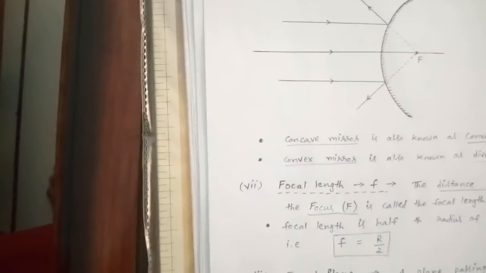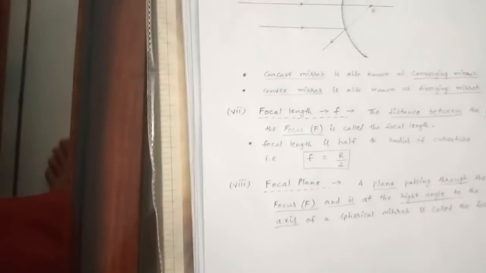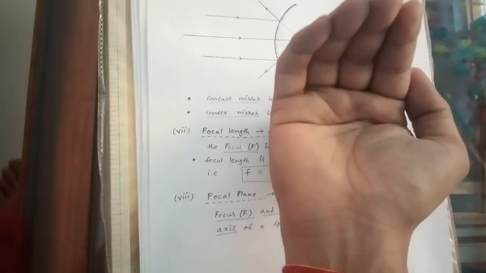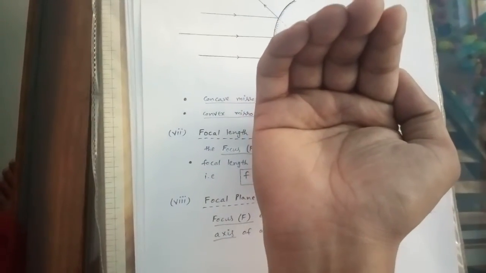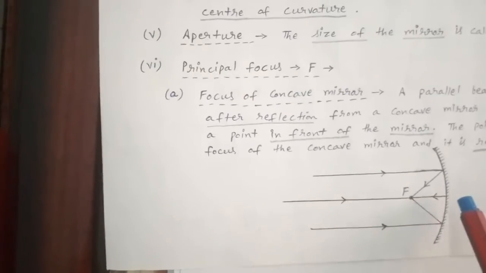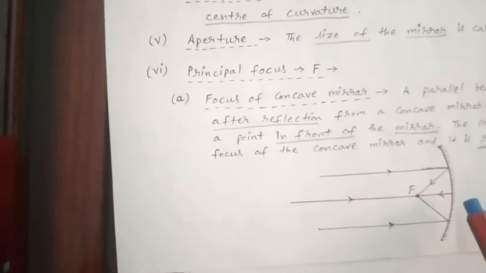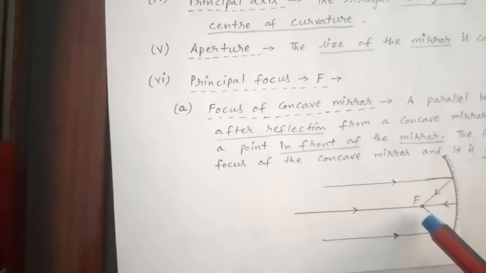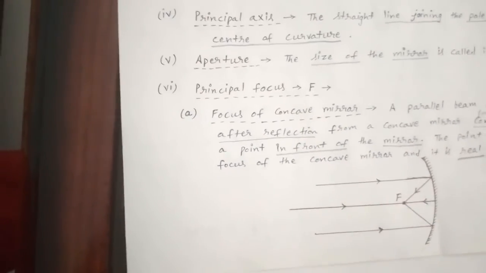Last but not the least one, guys, see, this is the focal plane, right? Students, suppose this one is our concave mirror, and we see it from the front side. When the rays strike towards the surface of the concave mirror, they're gonna meet at a focus.